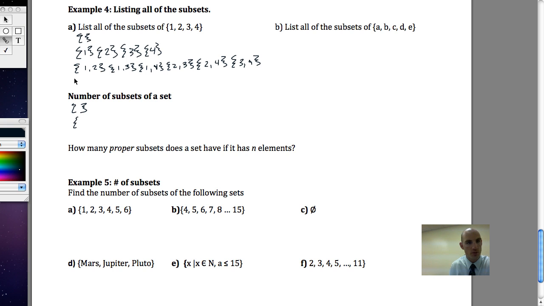What about sets with 3 elements in them? I could have 1, 2, 3. I could have 1, 3, 4. I could have 1, 2, 4. I think those are all the ones starting with 1. And I could have 2, 3, 4.